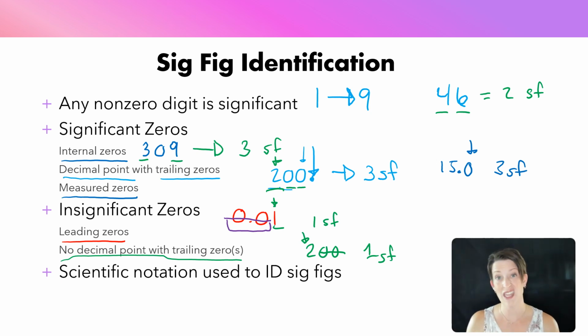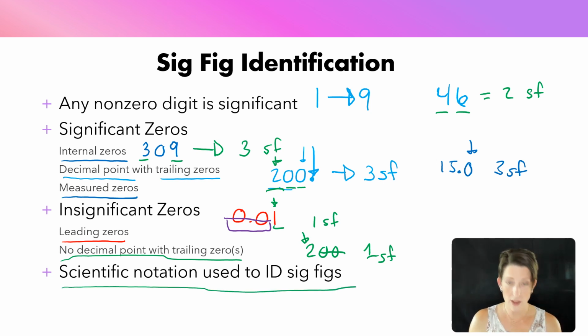We had to estimate that hundreds place. Therefore, the zeros just put that significant figure into the hundreds. Now, typically, we will use scientific notation to identify significant figures, especially when the number gets too large or too small, or you're dealing with zeros. Any value within that scientific notation is significant, which we'll talk about in another video.